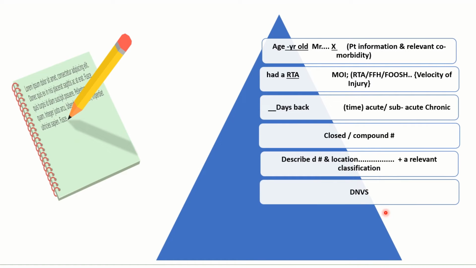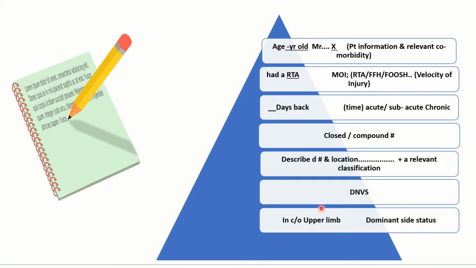Then the next thing that you are going to speak about is the distal neurovascular status. Very important. You have to examine the distal pulses and look for the neurological examination. Then the last thing is, in case of an upper limb injury, you have to speak about the dominant side status.